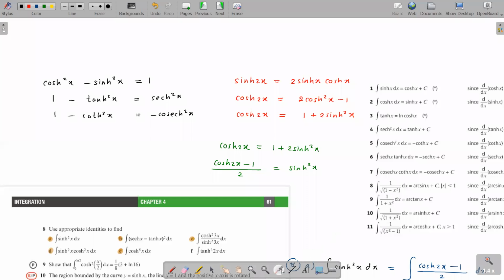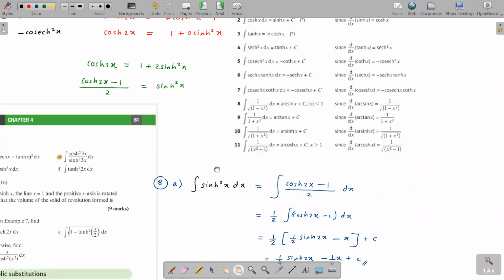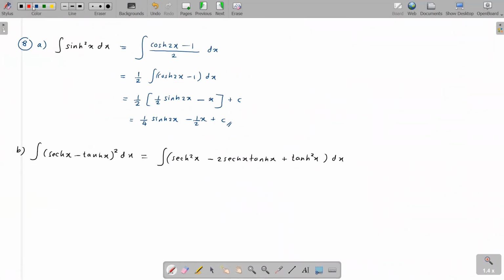So let's use that because we don't have tan square integration in this list. So conversion of tan square to sec square brings us to this list and we can integrate. So the rule I'm using is 1 plus tan square is equal to sec square. So sec square minus 1 is then equal to tan square.